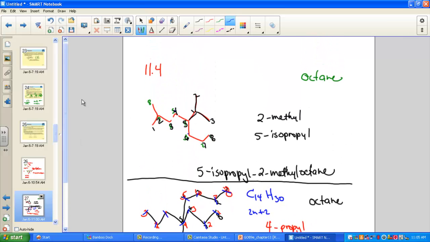Back up with me on your paper and try that with this example. How many total carbons did you count? I'll keep it blue. Let's count. 1, 2, 3, 4, 5, 6, 7, 8, 9, 10, 11, 12. C12, 2 times 12 is 24. Add 2 more.